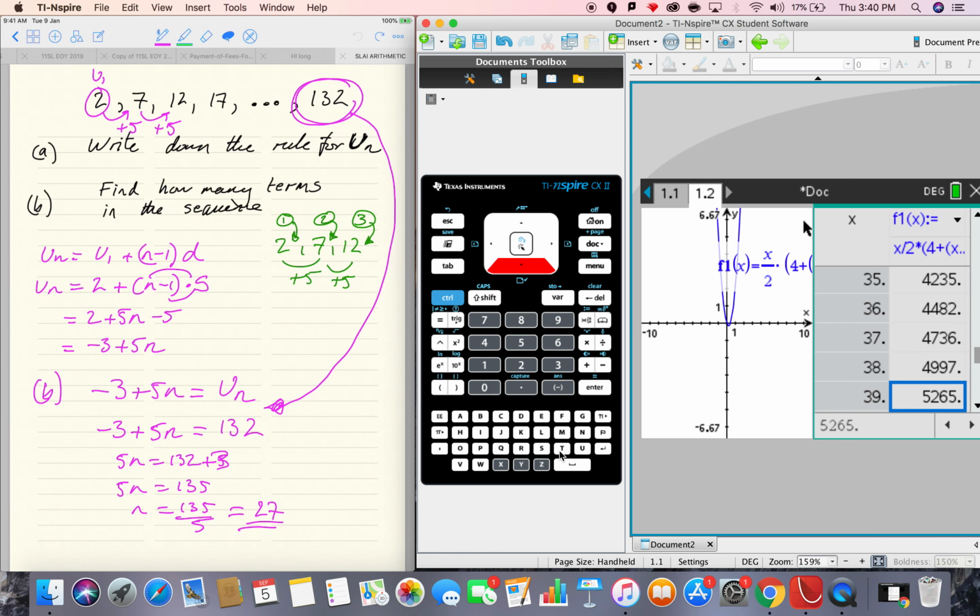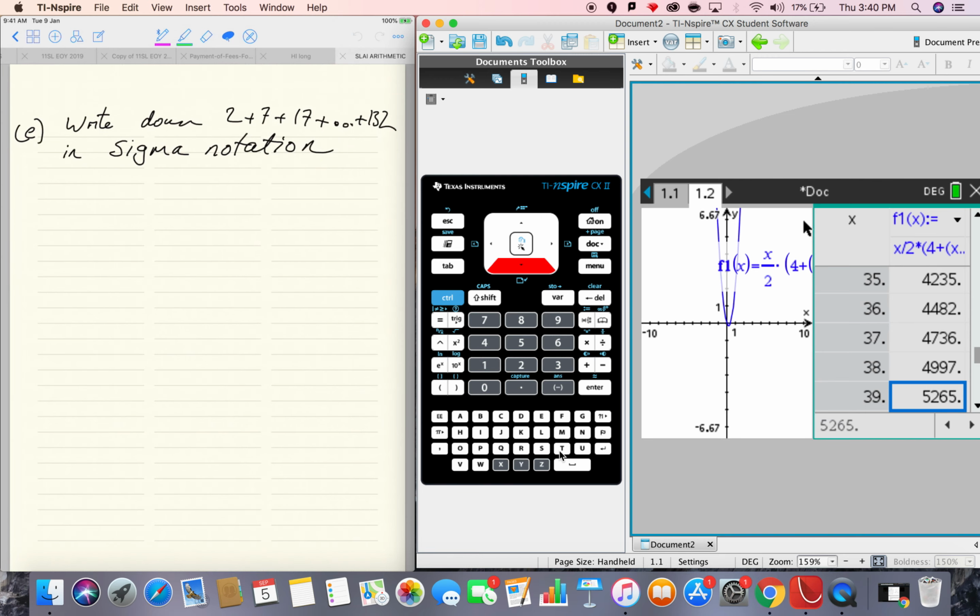If I go to my little lasso, I can grab him, copy him, and bring him across here. So there's the nth term rule. We put that there, and then we put the sigma around the front, and we've got to feed in the n values. So we need to feed in the n value of 1.